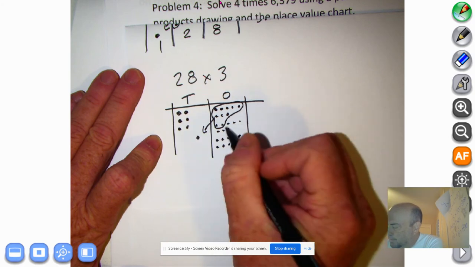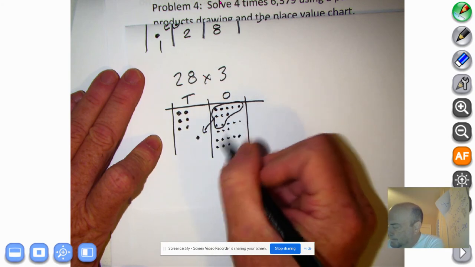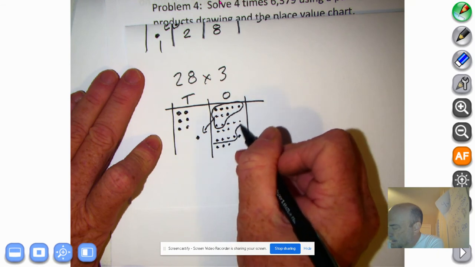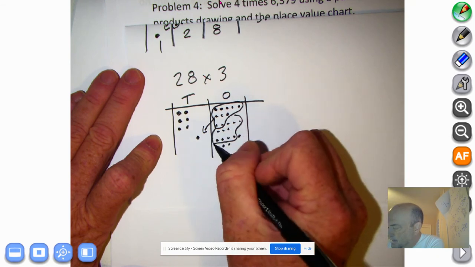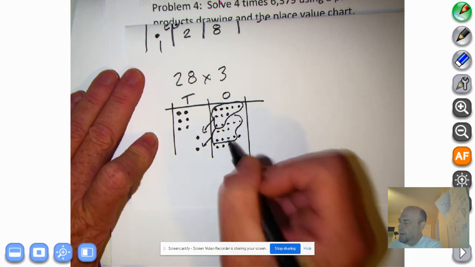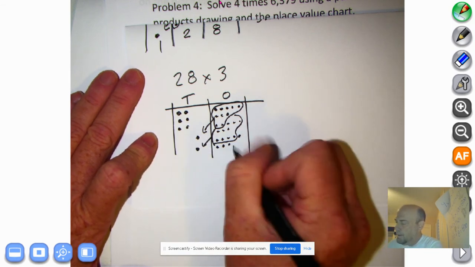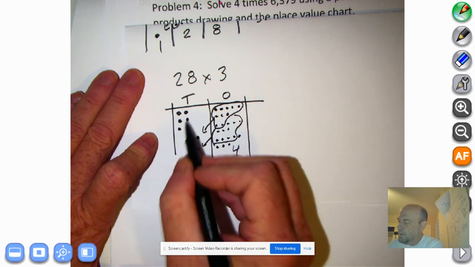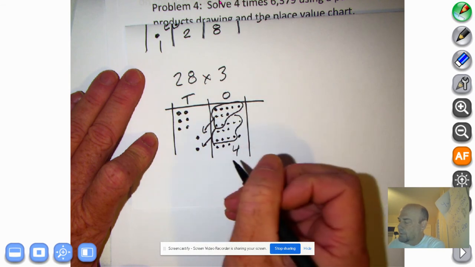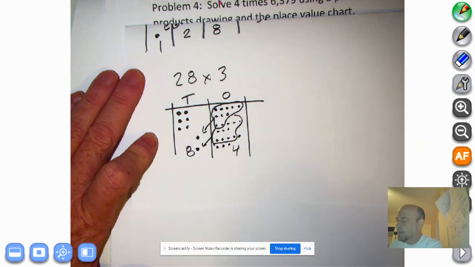Let's do another 10. 1, 2, 3, 4, 5, 6, 7, 8, 9, 10. Bring that over to the 10s column. What do we have? 1, 2, 3, 4, and 10, 20, 30, 40, 50, 60, 70, 80. So it looks like 28 times 3 is indeed 84.